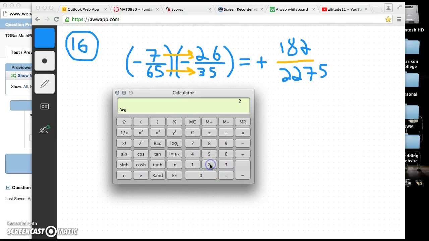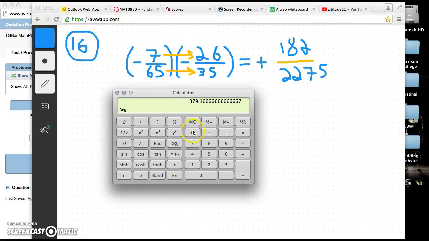All right, so 2,275. We can skip over 4 because 4 can't be a factor here since this isn't even. We can skip over 5 because we know 5 isn't a factor of 182. Let's check out 6. We're dividing 2,275 by 6 to see if we get a whole number.